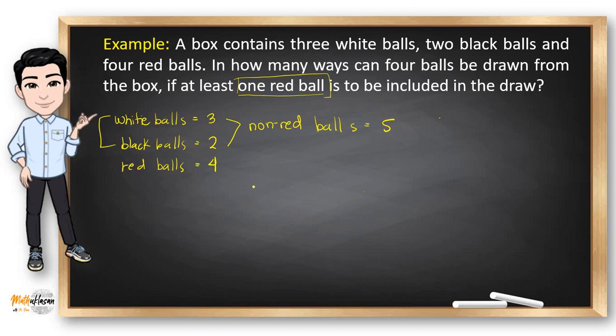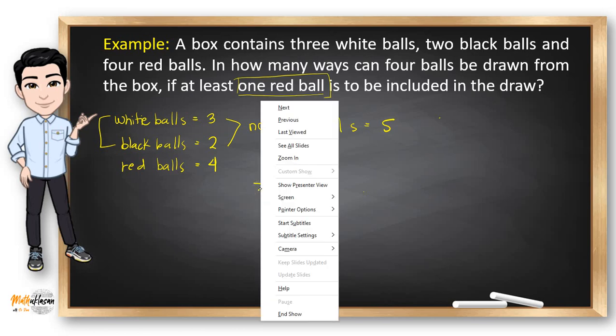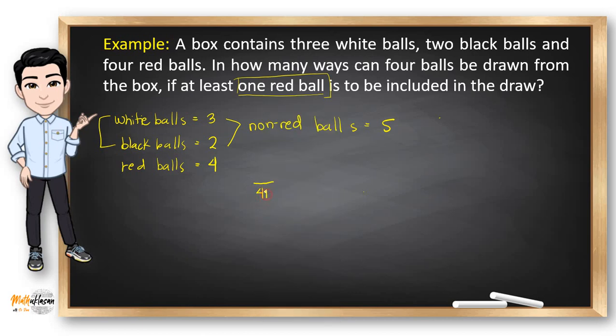Now, by using the counting method, we have different possible events here. The first one is getting one red ball, so let's just code it 1R, meaning one red ball, and then we have three non-red balls, so 3N.